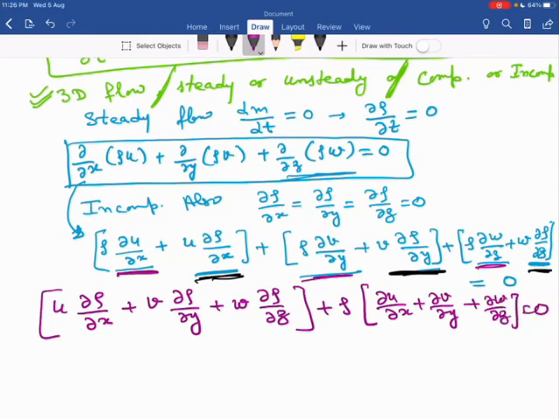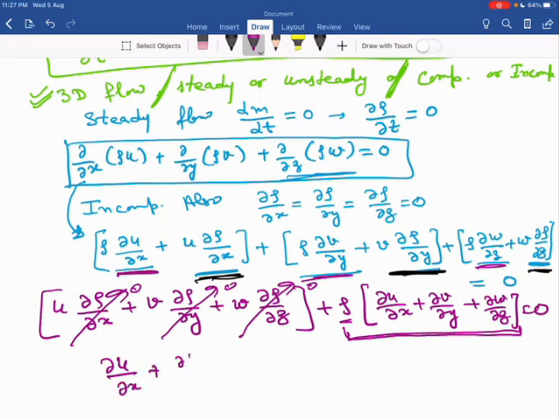So if flow is incompressible, this term is 0, this term is 0, this term is 0. So we are left with only this part. So this is the product, so again ρ becomes 0. So now we have a simple equation, ∂u/∂x plus ∂v/∂y plus ∂w/∂z equal to 0.